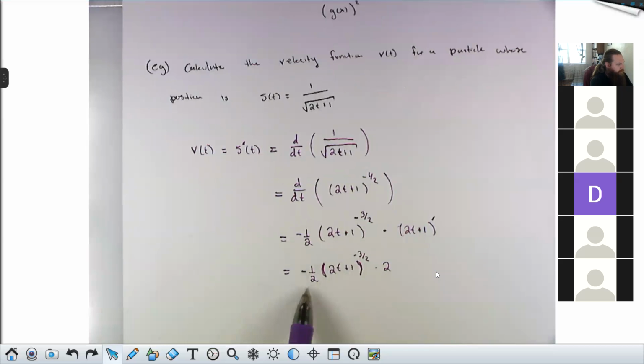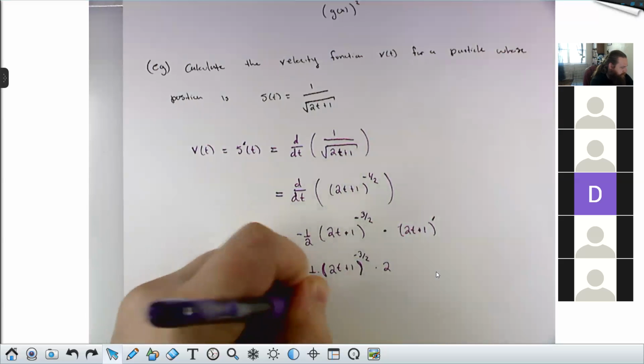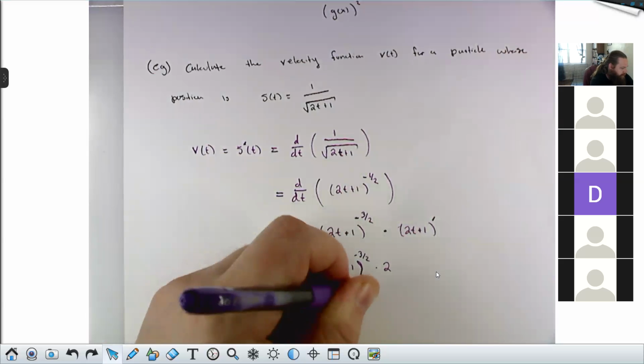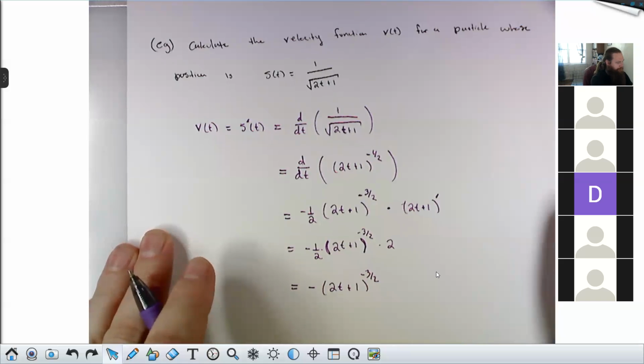Well, everything here is being multiplied, right? This is -1/2 times this thing times 2. So the 2 times -1/2, those will eat each other up. This is -(2t plus 1) to the -3/2. And I would be okay with you stopping here.